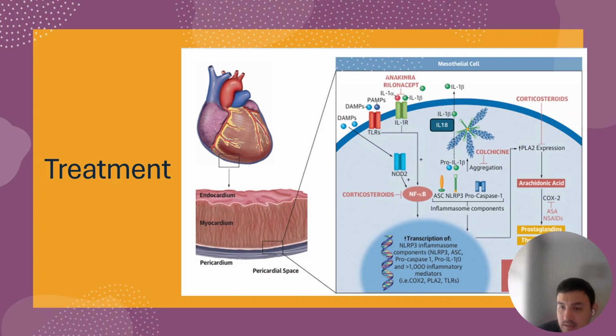Corticosteroids help the same way as NSAIDs, decreasing phospholipase A expression, which is going to decrease arachidonic acid and prostaglandin or thromboxane expression. Corticosteroids can also decrease the expression of the nuclear factor. And we have immunologics that act on the receptors: anakinra and rilonacept. Those are pretty new medications.